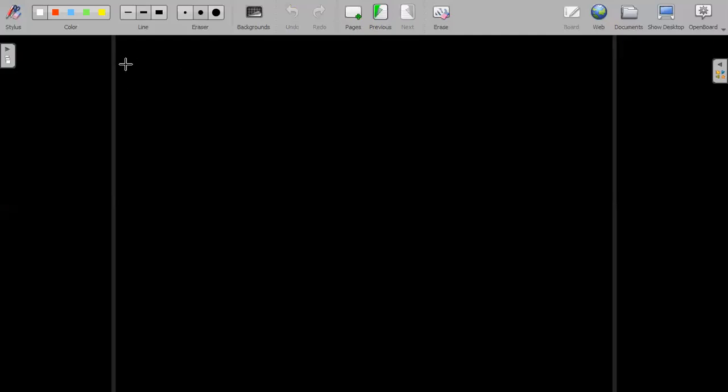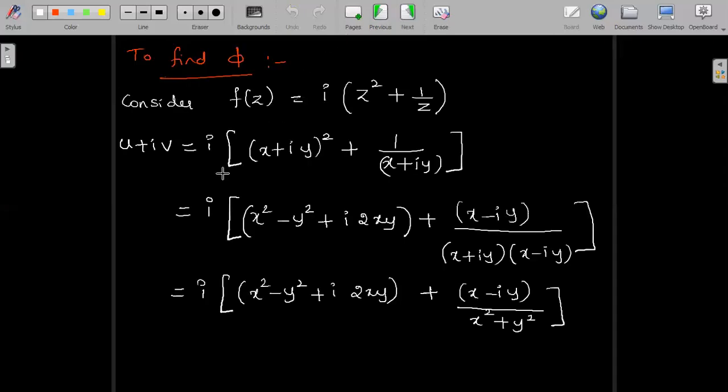So this becomes u plus iv, or instead I have to take actually phi plus i psi. Yeah, left hand side I should have written phi plus i psi. Right here I should have written phi plus i psi, because we are doing with phi and psi terms, no? I'm sorry.